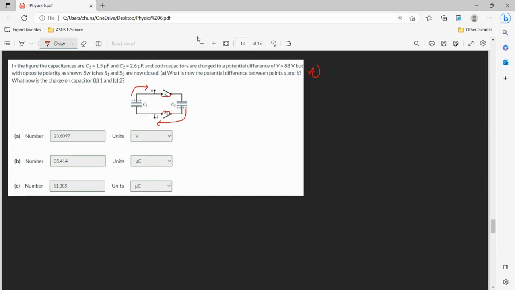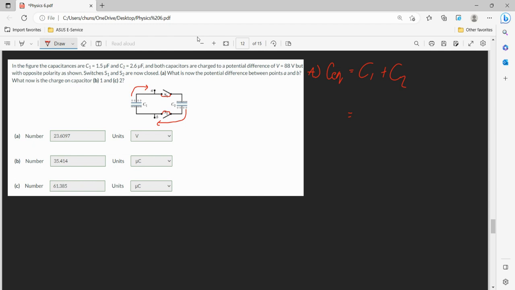Okay, so let's first find the equivalent capacitance. When we close both switches, then it becomes a full circuit. So we know our adding rule for when they're in parallel is just taking our C1 plus our C2 capacitance.